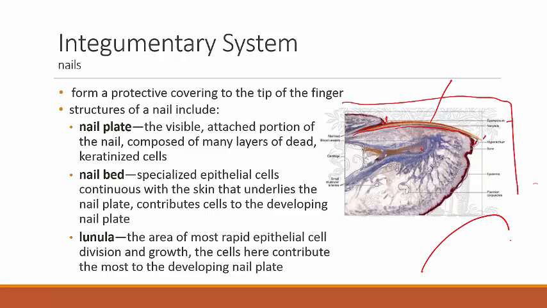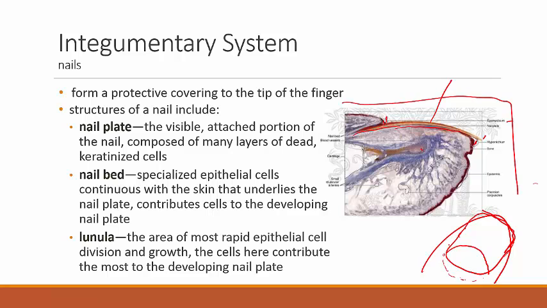If we look at a fingernail from the top side, let's say this is your thumbnail, and here are the nail margins. This little half moon is called the lunula, and it extends underneath, behind the cuticle and under the skin as well.